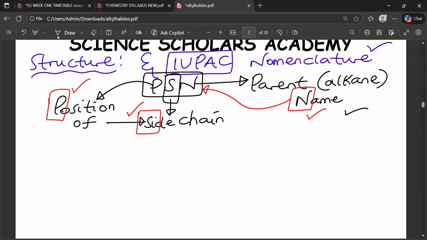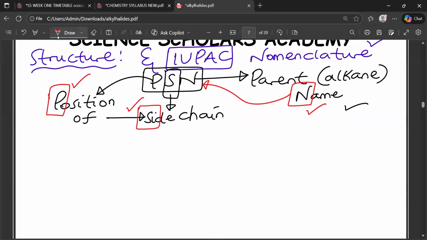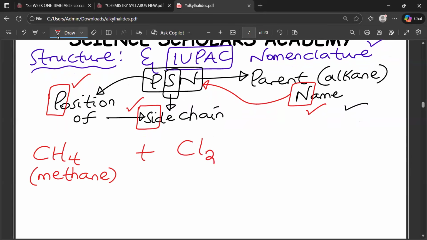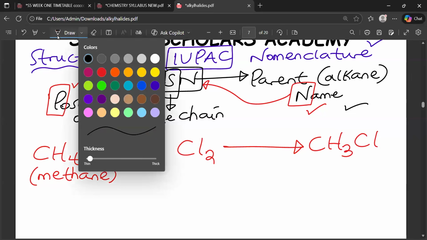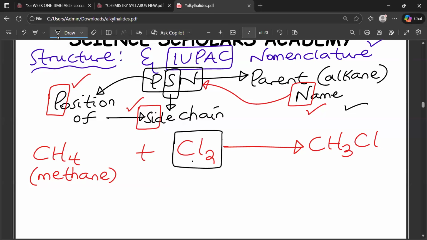So you all know that when you get this, which is methane, we come up with this structure. So you all know that this one brings a chloro group.